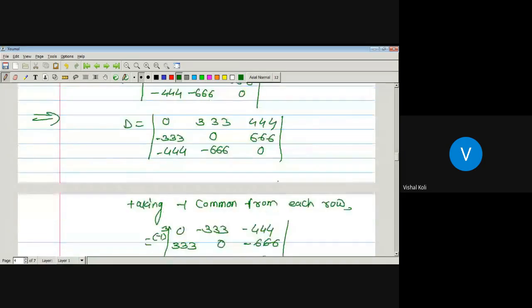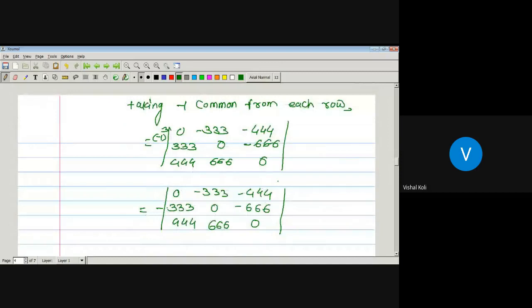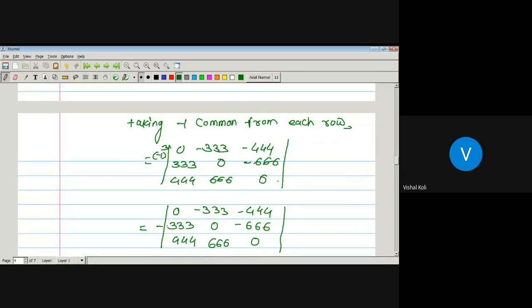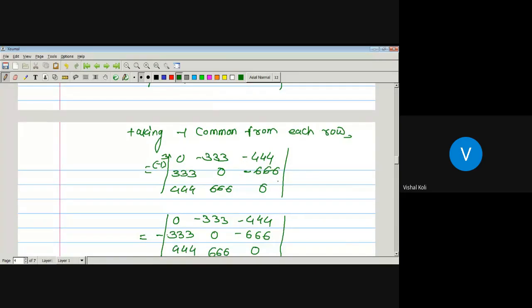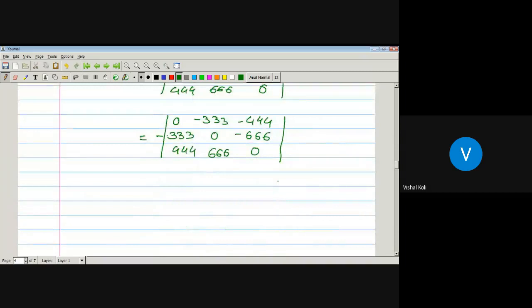Now let us see. Here we get 0, minus 333, minus 444. Now changing its rows to columns and columns to rows. Then we get this one as a row.